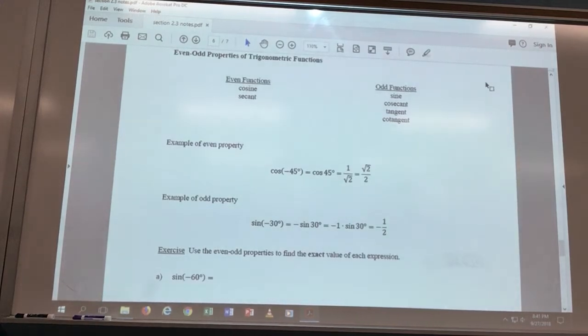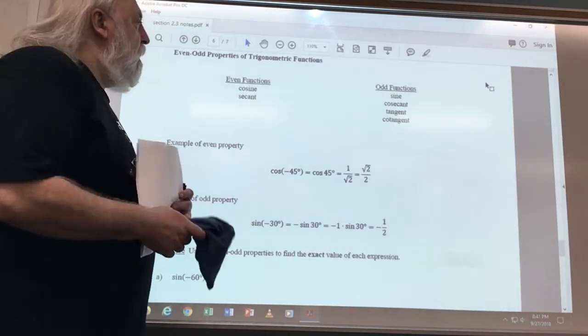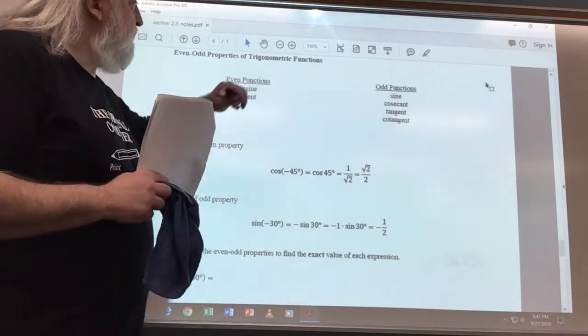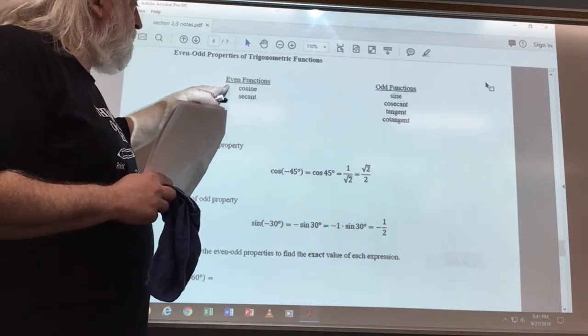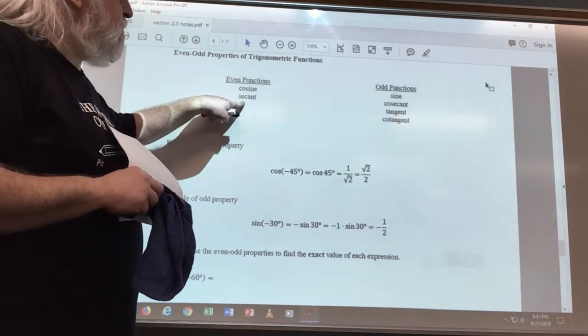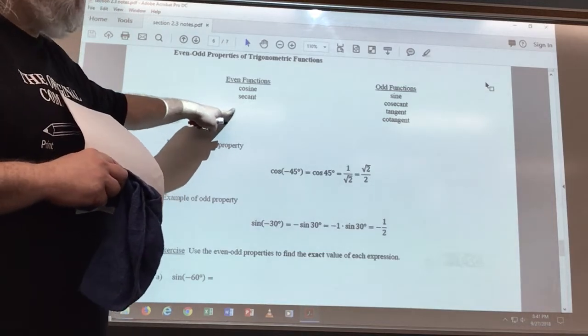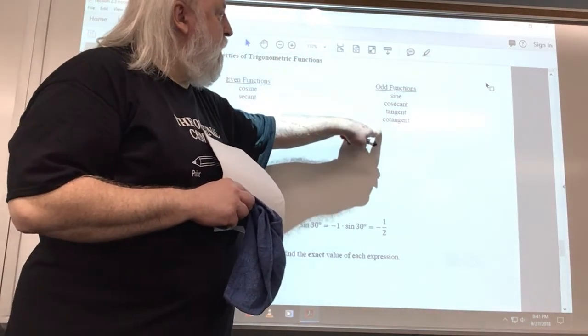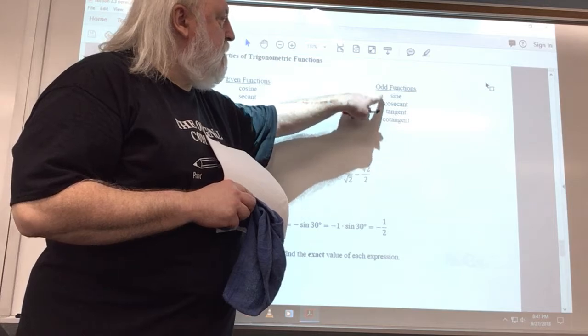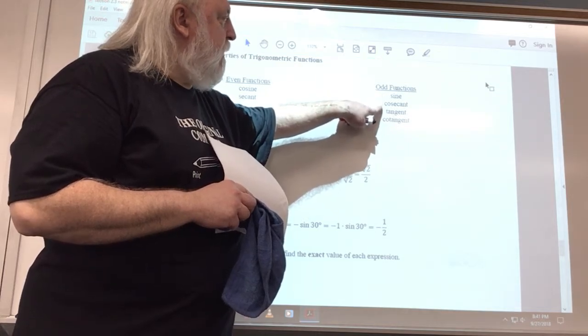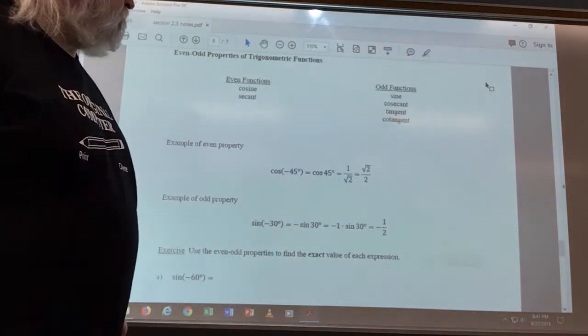Well, as it turns out, only 2 of the 6 trigonometric functions are even functions. It's cosine and its reciprocal secant. And then all the remaining trigonometric functions are odd: sine, cosecant, tangent, and cotangent.